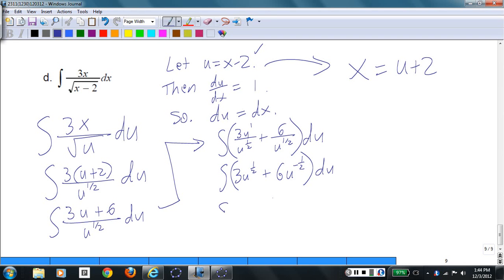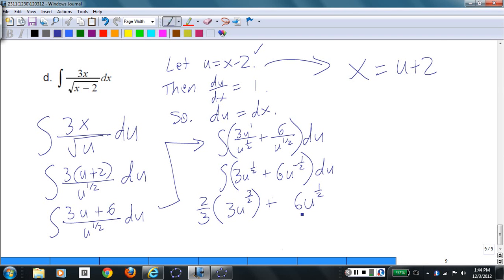So the integral sign goes away. It's going to be 3u to the 3/2 times 2/3. Add one to the exponent: 1/2 plus 1 equals 3/2. And then divide by 3/2, which is equivalent to multiplying by 2/3. Okay, so it looks like that. And then for the second term, add 1 to the exponent to get 1/2.